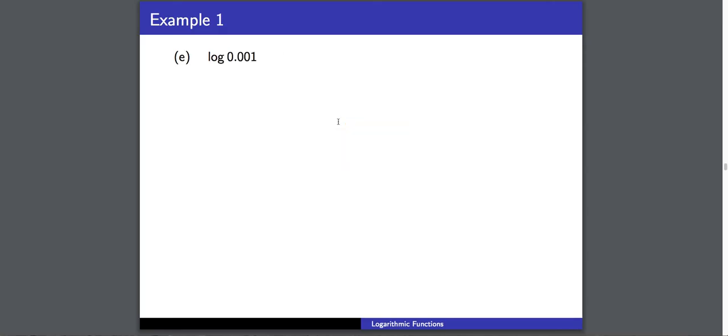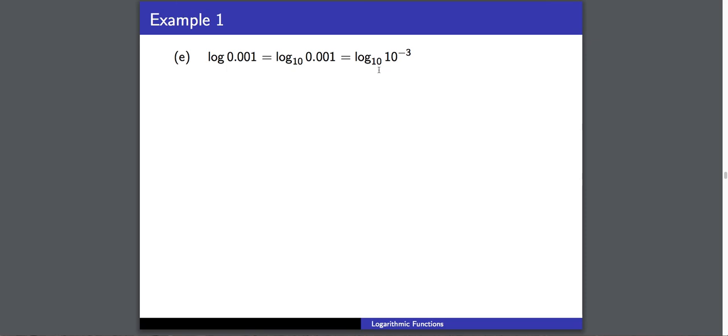All right, part E, we have log of 0.001 or log base 10. Since it was not written there, it's assumed to be base 10 of 0.001. We could evaluate this in our calculator, but just to give you an idea of why the answer is the way it is, 0.001 is 10 to the negative third power, and here we have log base 10 of 10 to the negative third power.